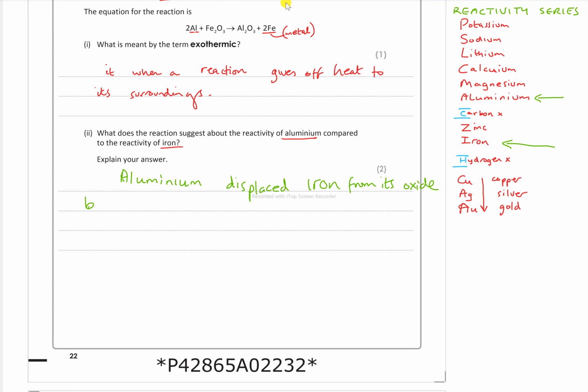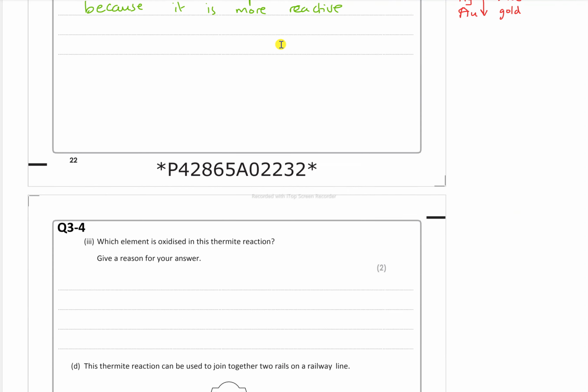This is the full way. Why? Because it is more reactive. That's where your second mark's coming from. And we know that from there anyway, but they're asking you about what happens in the actual reaction.